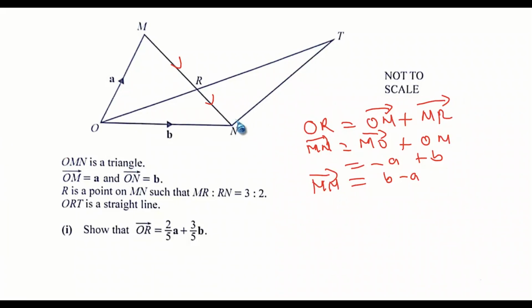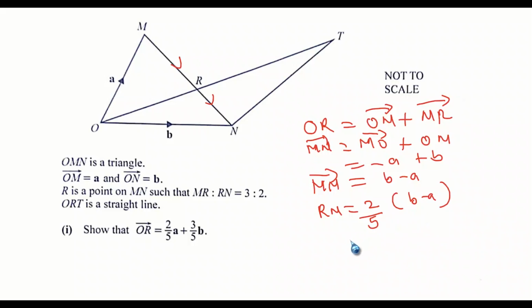So we can now find RN using the given ratio. RN in this case will be equal to 2/5 into brackets b minus a, because RN equals 2/5 of MN, and MN is already b minus a. So this is the value of our RN.